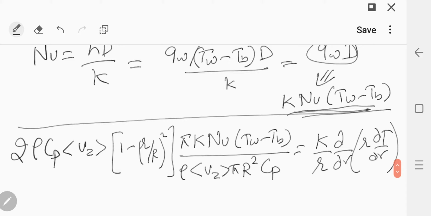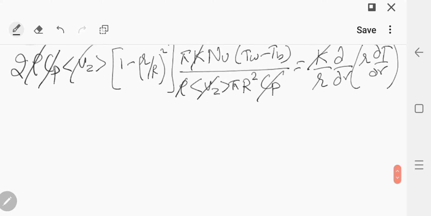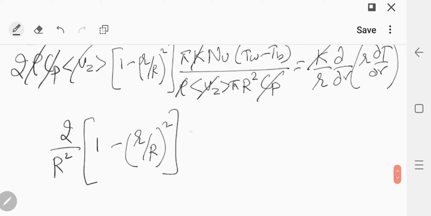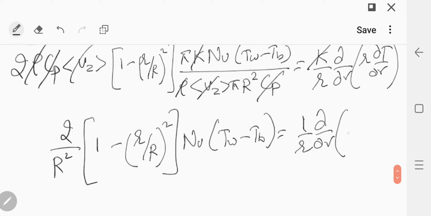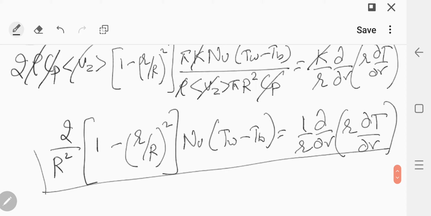Now you see there are some terms which get cancelled. Rho gets cancelled with rho, average velocity with average velocity, thermal conductivity, Cp gets cancelled out. What else? That's it. So finally we are left with 2 by R square, 1 minus r by R whole square, Nusselt number, Tw minus Tb equal to 1 by r del by del r of r del T by del r. We are left with this expression.